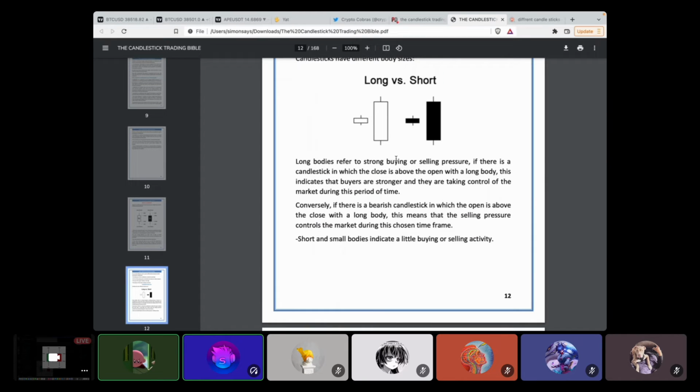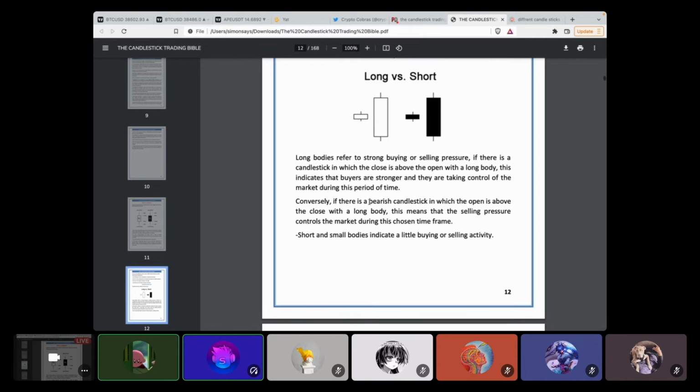Long bodies refer to strong buying pressure or selling pressure. If there is a candlestick in which the close is above the open with a long body, this indicates the buyers are stronger and they're taking control of the market. So kind of picture what they said here. If a candle comes here and it closes, and the next candle comes and it's continuing, it's showing strength in the market.